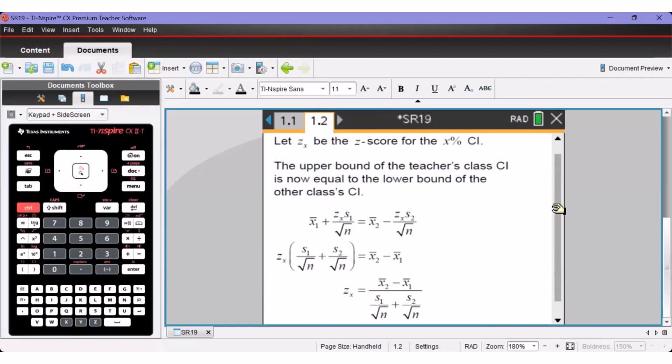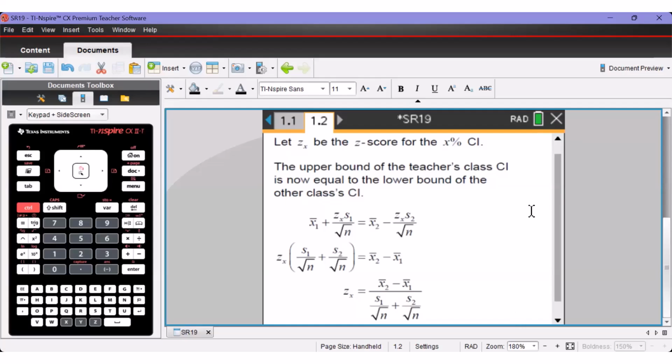We're going to let Z subscript X be the Z score for the X percentage confidence interval, the approximate X percentage confidence interval. And as I've said, the upper bound of the teacher's class confidence interval is considered to be equal to the lower bound of the other class's confidence interval. And we can express that as an equation.